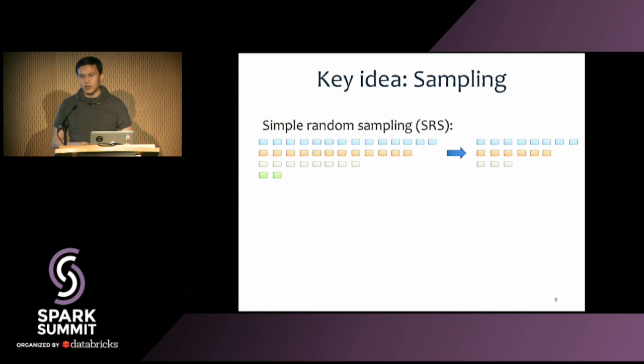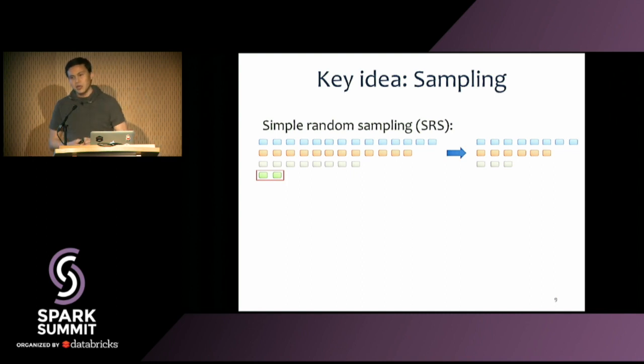The problem of simple random sampling is that it may overlook some substreams that contain only a few data items, for example, the substream in green here. So if there is a query specific to the data items in this substream, the system may return a null result. And this is unacceptable for many practical use cases. In other words, simple random sampling does not preserve the statistical properties of the original data.